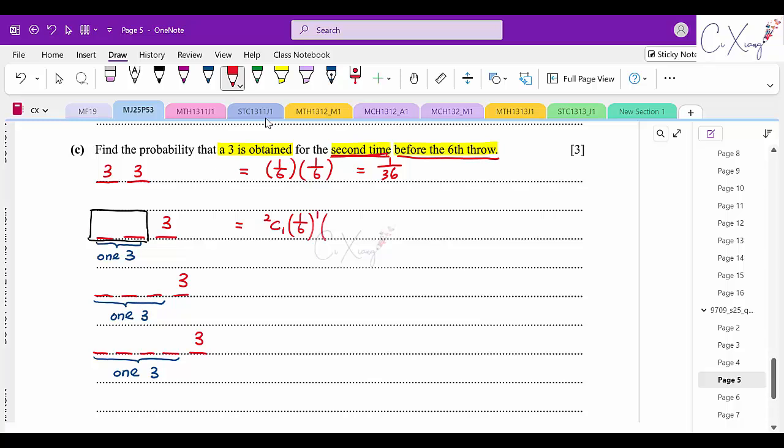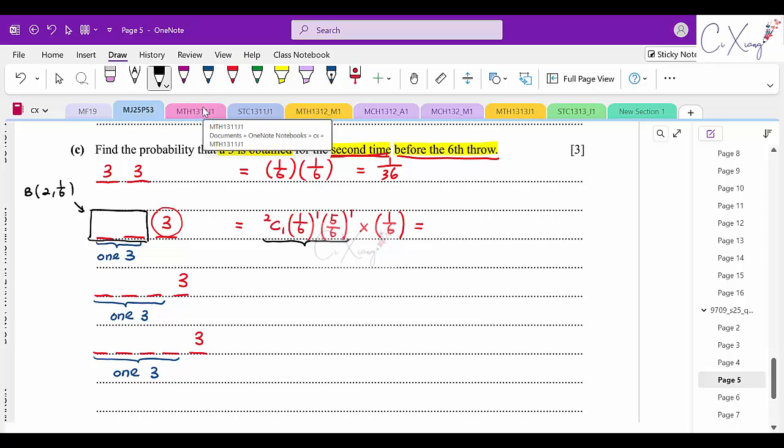Then the other score is 5 over 6 power 1. This is the first 2 throws, and the third throw must be a success, right? So I have to multiply it with 1 over 6. Then you get the answer for the second case. You can treat this part as a binomial distribution, 2 throws with 1 success trial.